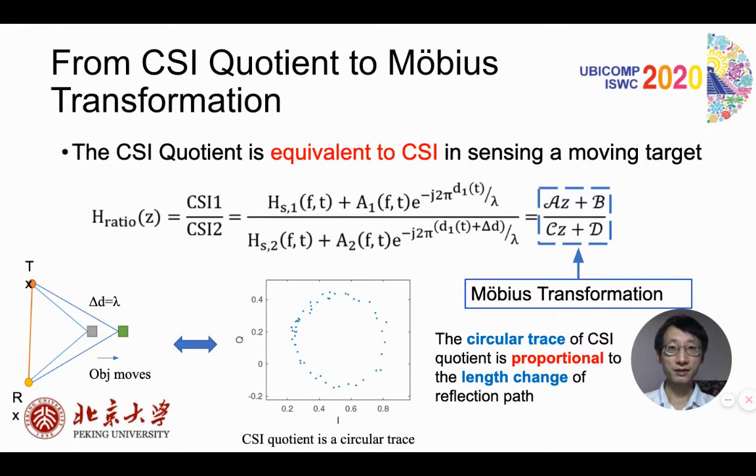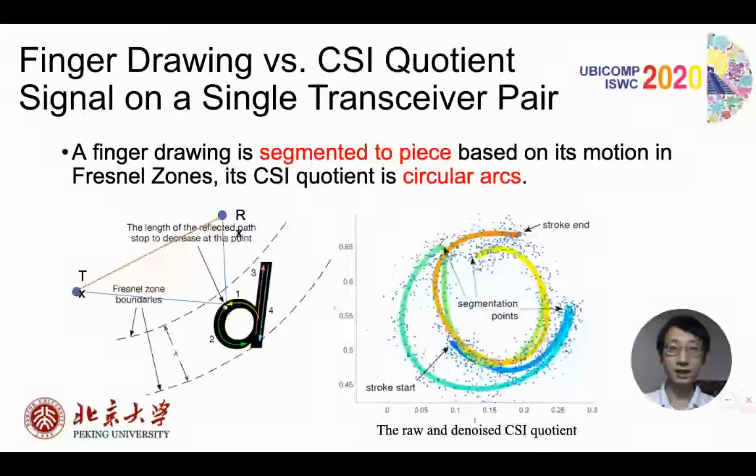We can see in the figure that if the reflection path length changes by one wavelength, then the CSI quotient traces a circle. The circular trace is proportional to the length change of the reflection path. So in many cases, we can use the CSI quotient instead of the noisy CSI for sensing purposes. The CSI quotient has orthogonal amplitude and phase information. It is crucial for microscale motion sensing.